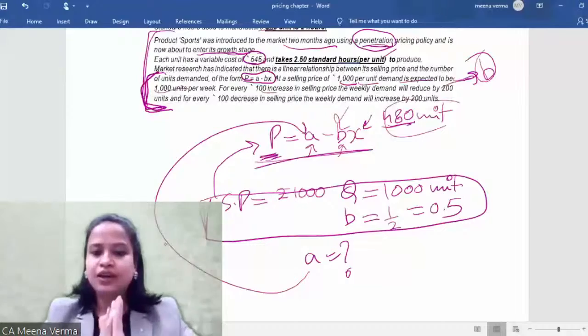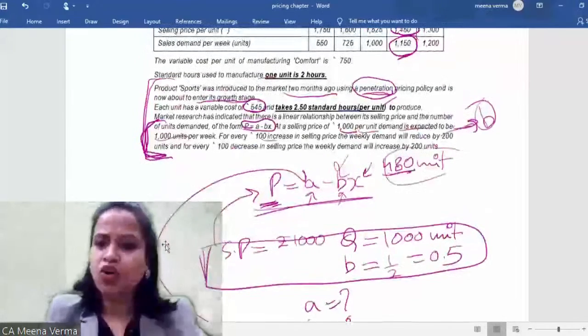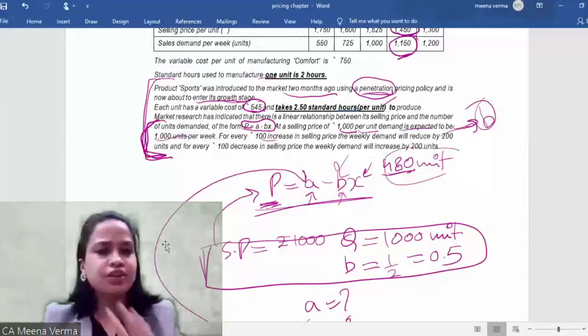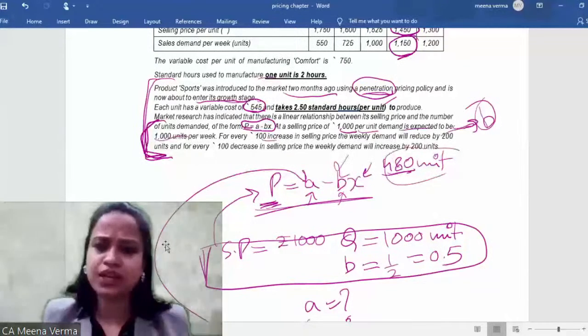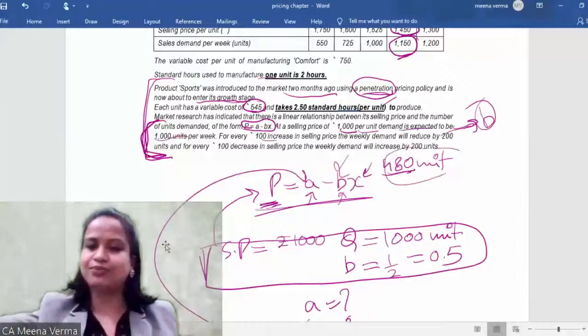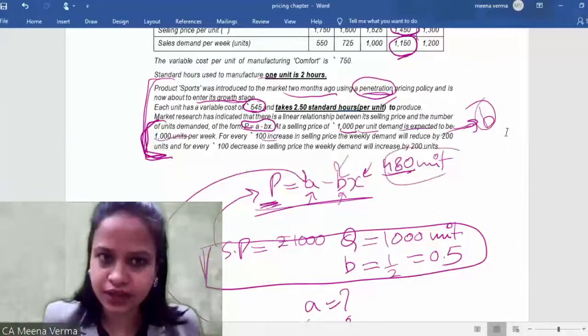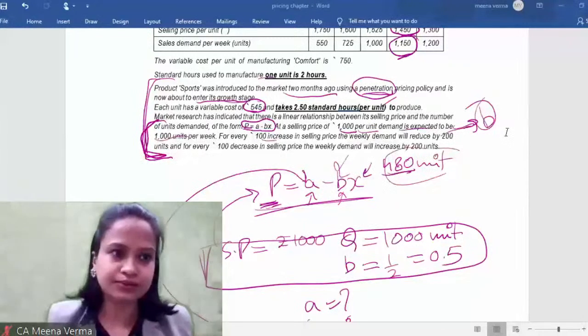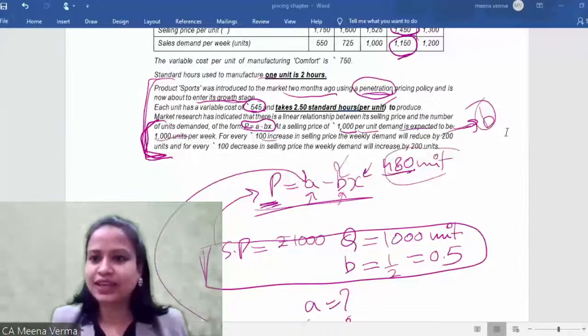Okay, ji. I hope now it is very clear. All the information is given in the question. Just apply your brain, read the question very carefully. It's very easy to solve these questions. Okay? Quickly give me the answer. Quickly give me the answer.